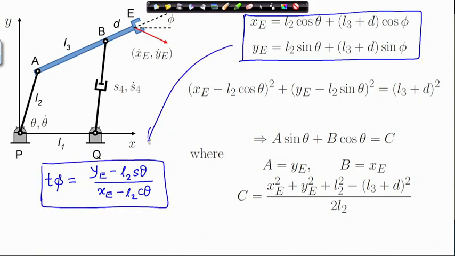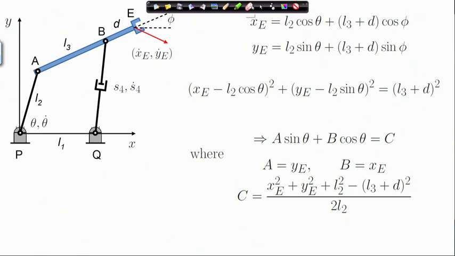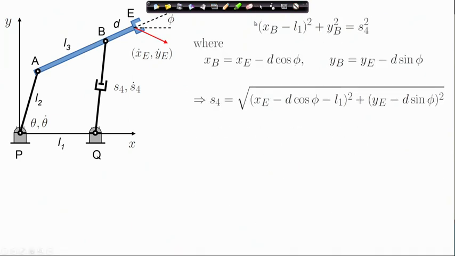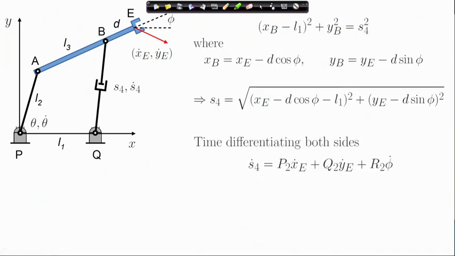Right from here we can obtain tangent phi, and this is what we are going to use. So, this is the expression of tan phi.